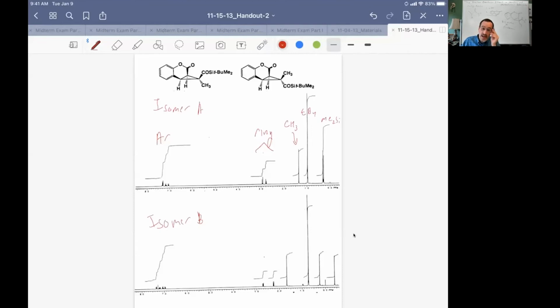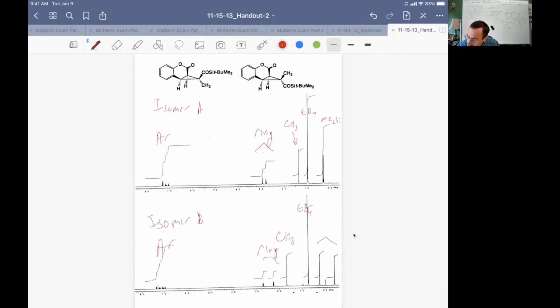And we see a somewhat different spectrum for diastereomer B. Again, we see our aromatics. We see our ring protons. We see our methyl group, at a somewhat different position. We see our tert-butyl group.